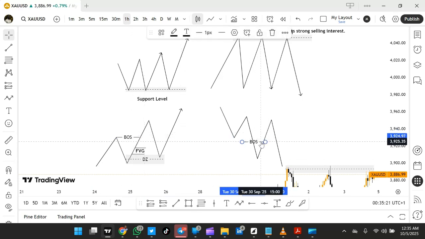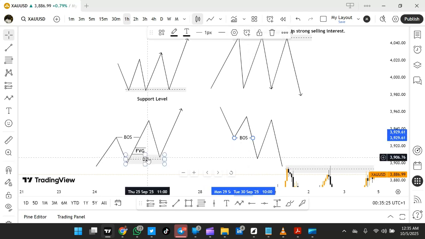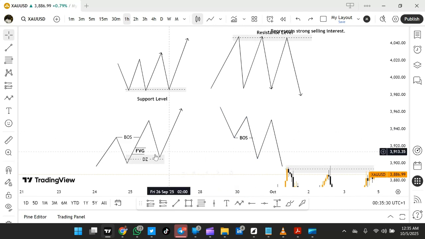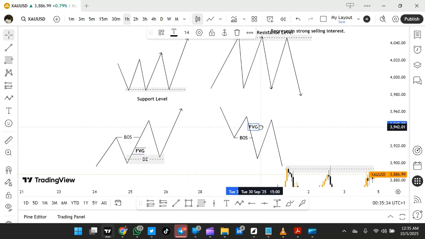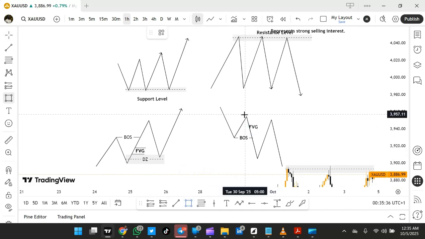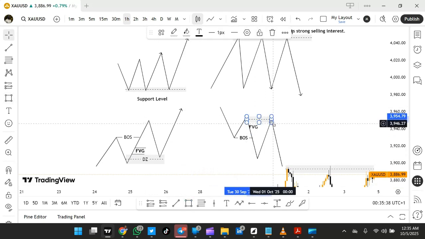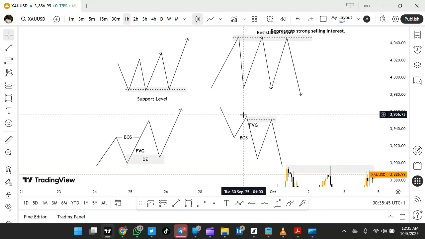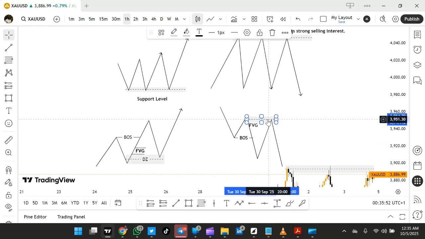There should be a break of structure to the downside, FVG, that's the fair value gap. There should be a fair value gap. And then the imbalance, that's the impulsive move. And then the supply zone itself.